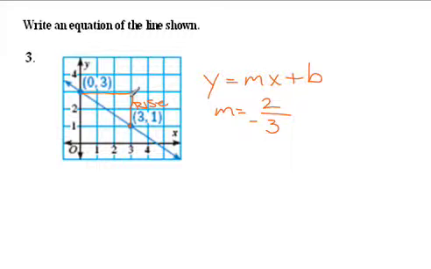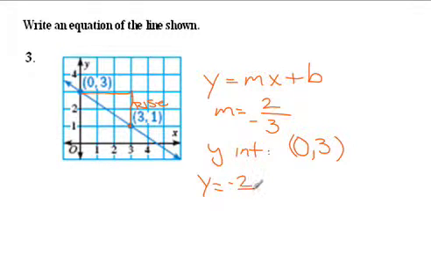Now, my y-intercept is 0, 3. It's always the point on the y-axis. So the equation that I would write, y equals -2/3 x plus 3.